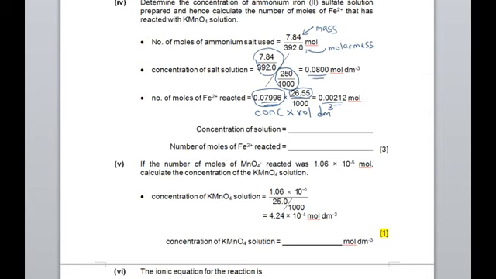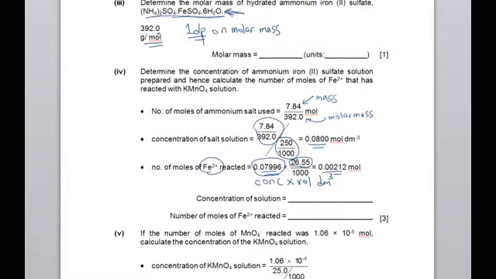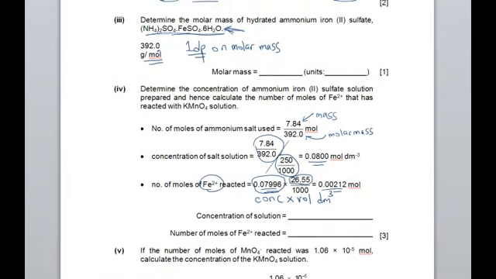There might be some question about how come the number of moles of Fe2+ is the same as the number of moles of the salt solution. And that is a very valid question, because if you look at the formula of the salt here, you can see that in one whole formula of the salt, I only have one ion of Fe.